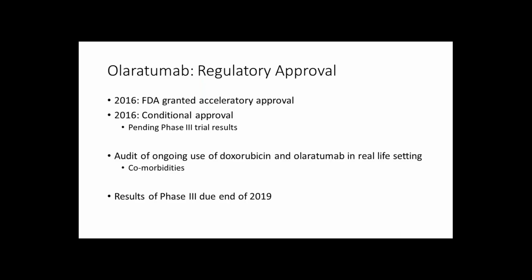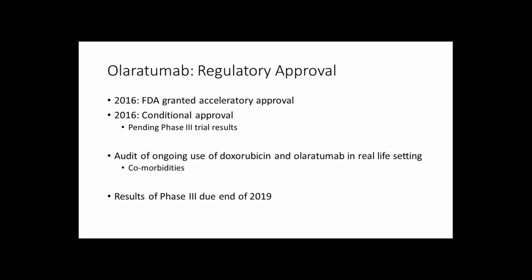So as mentioned, the FDA and EMA granted conditional approval for olaratumab pending the phase 3 trial results. We, and other institutions, have been auditing the ongoing use of doxorubicin and olaratumab off trial in real life settings, particularly in patients who've got various comorbidities, documenting the toxicities.